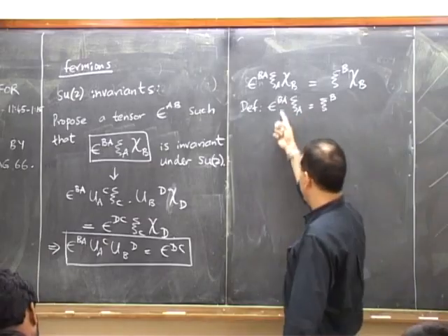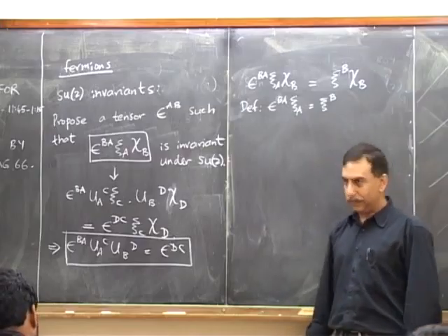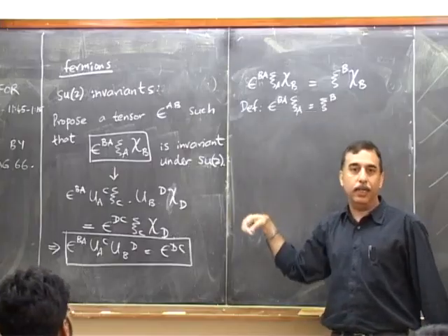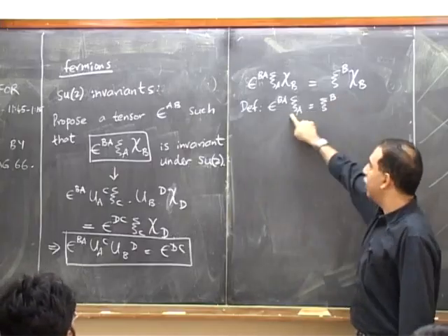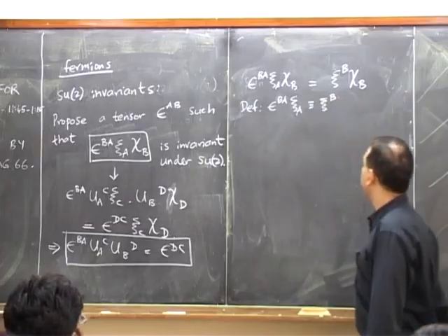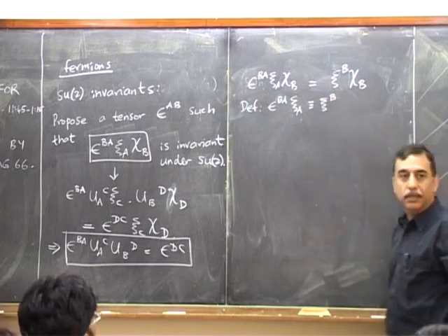You can also define epsilon with lower indices, and those are minus the epsilon with the upper indices. And that allows us to invert this relation with the same sign. Namely, if I do epsilon AB on this, I get psi. Okay. This is just a definition. What this definition does is allow us to write this as this.